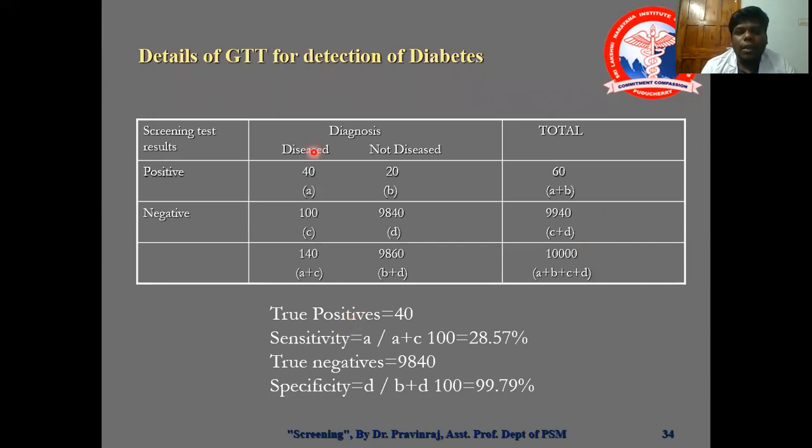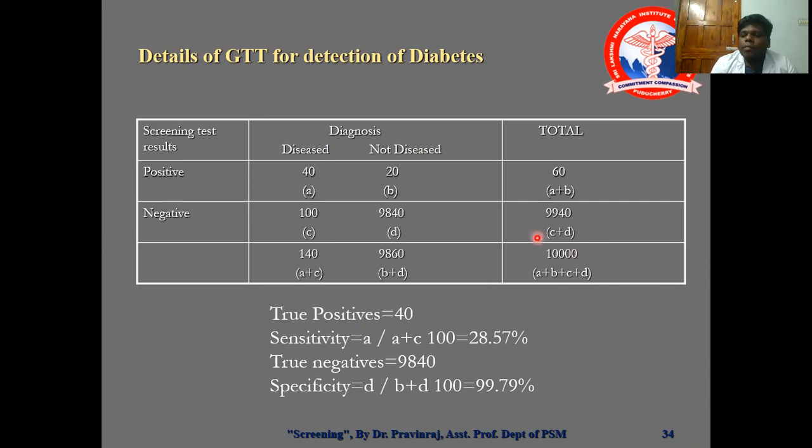Suppose here you see, they have given one cross table. It gives details of a glucose tolerance test for detection of diabetes. Here they have put the diagnosis: disease present, disease absent. Here they have used a screening test: screening test positive, screening test negative.